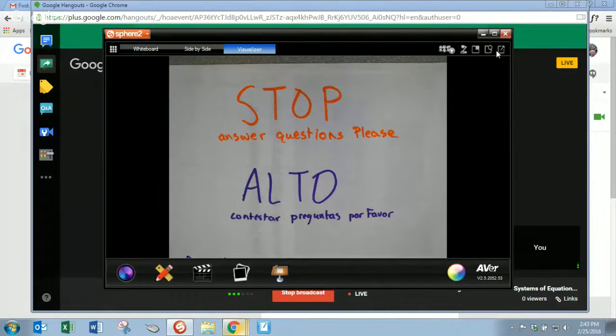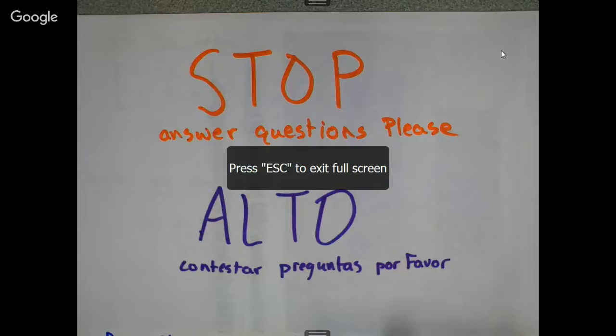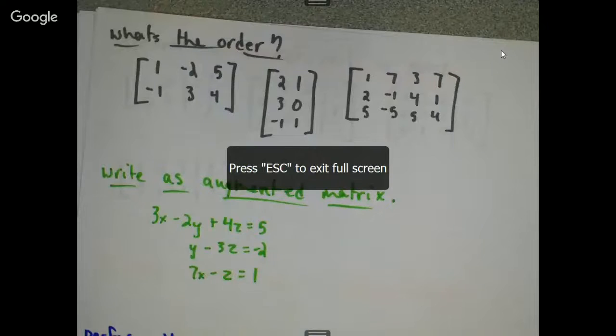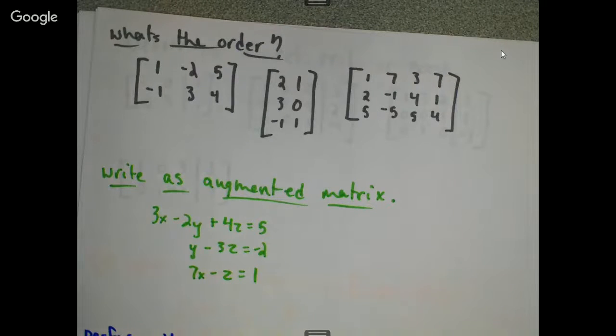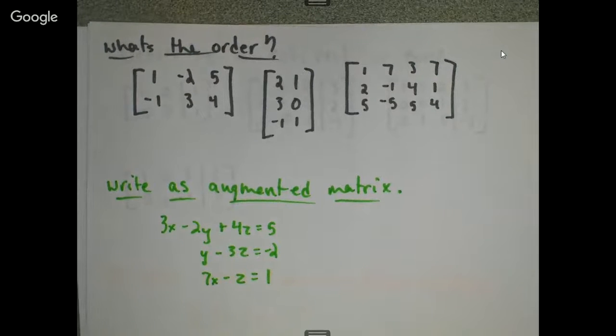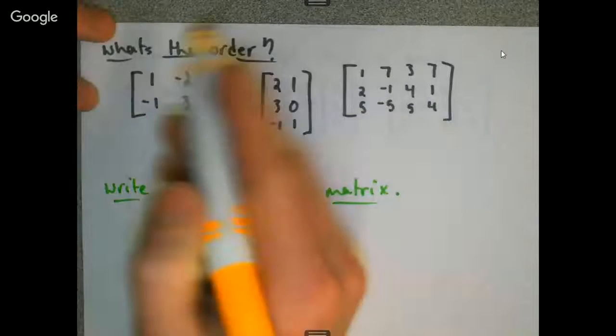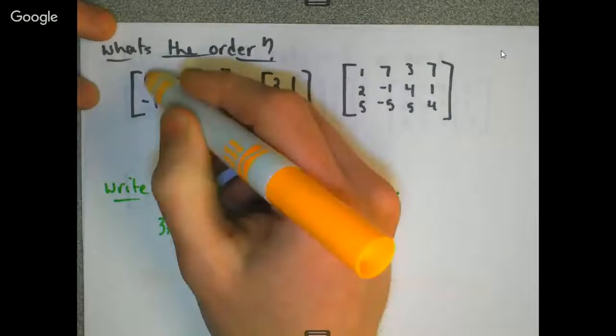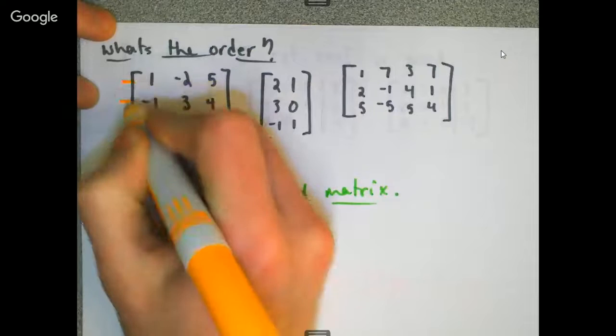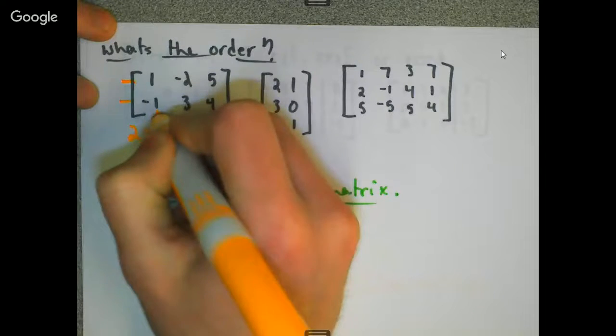Okay, let's continue on with some examples of this chapter 7.1. Okay, so what is the order of these matrices? Remember, order goes rows by columns. How many rows by how many columns? So this has 1, 2 rows and 1, 2, 3 columns.